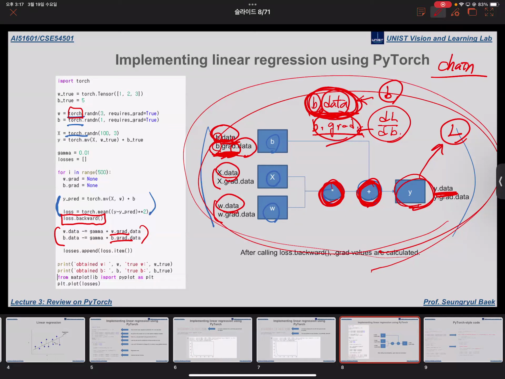But in the backward rule, these gradient values are filled by calculating the gradient values. Okay, and the calculation of gradient happens automatically via the backpropagation algorithm. Okay. Are you guys following this? Any questions until now? No? Okay.